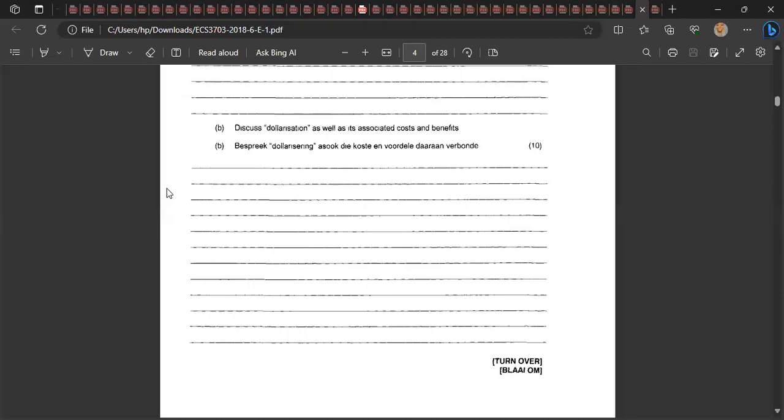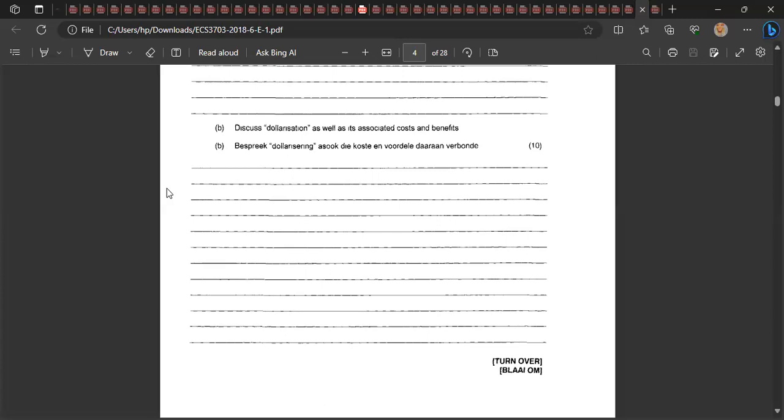Okay, so it's 10 marks. I'm just making an example like she used. 4 marks is gonna go for the cost and then for the benefits as well. And then for defining the concept of dollarization, that's a mark as well. And then the last mark is for an example of dollarization.